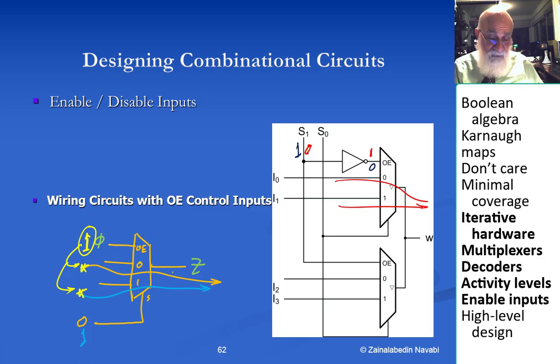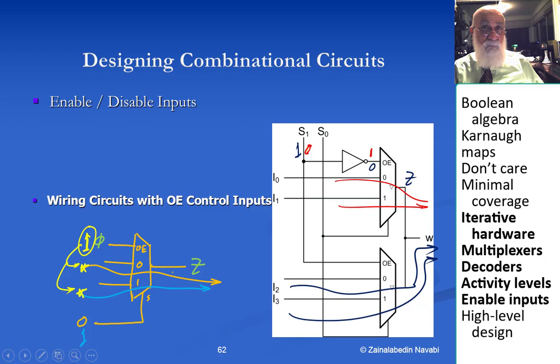The upper multiplexer will have a Z on the output. That means it's not driving its output. But then the lower multiplexer will take either this or this to the output. Okay? And therefore this is a 4-to-1 multiplexer using 2-to-1 multiplexers with the output enable or with tri-state outputs.